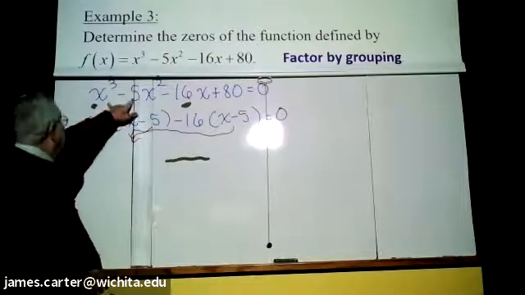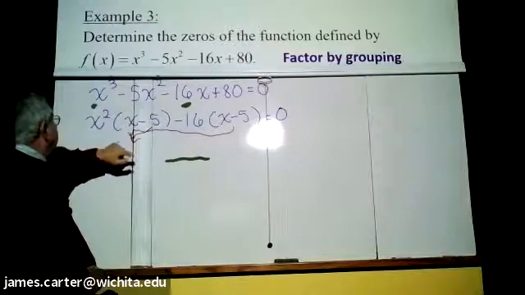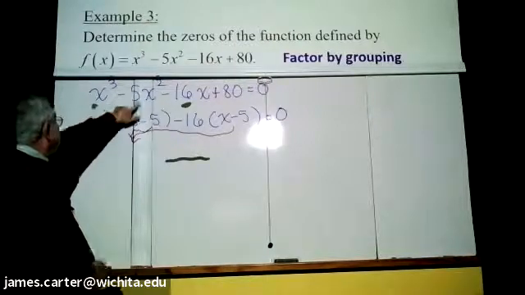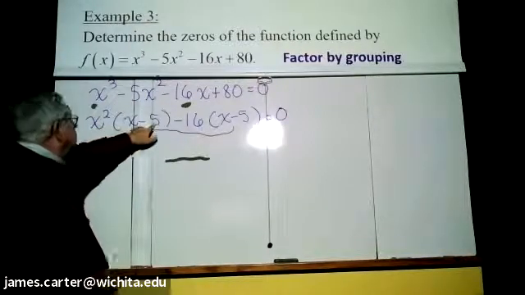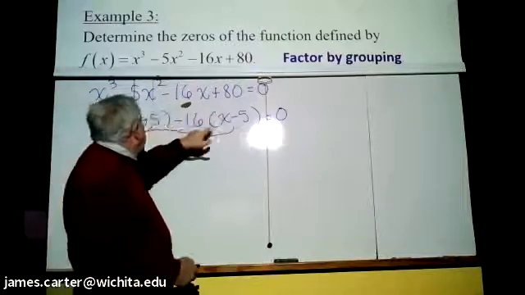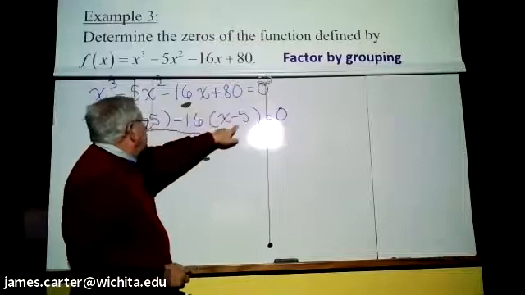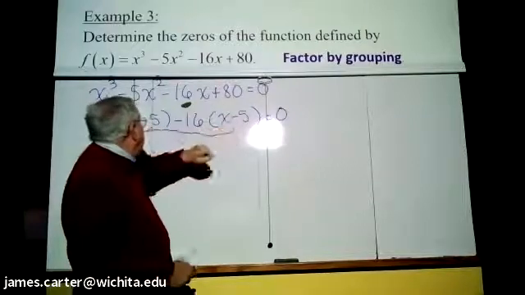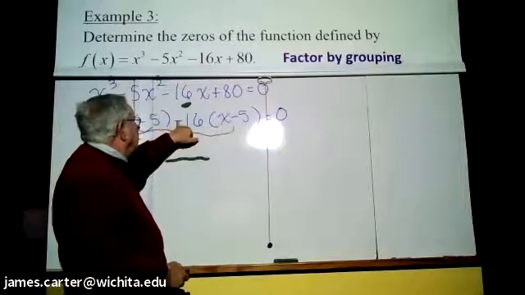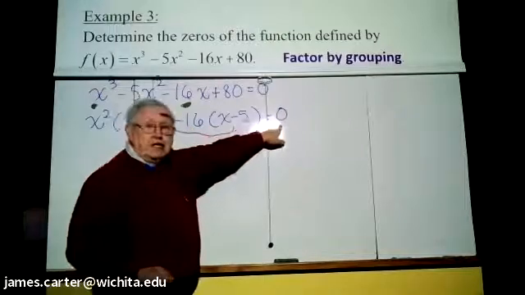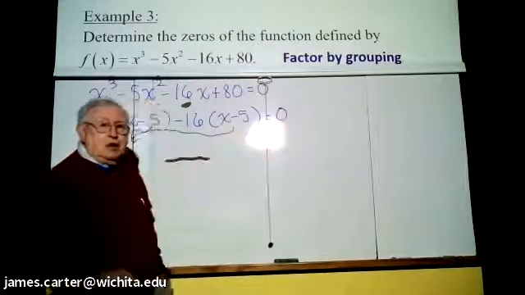We take the x cubed and minus 5x squared and factor x squared out of both of those. We take the minus 16x plus 80 and factor a negative 16 out of both of those, making this become negative because we factored out the negative, and we're setting it equal to 0.